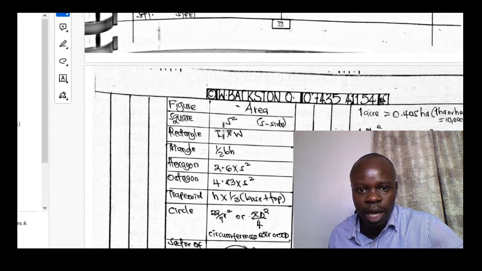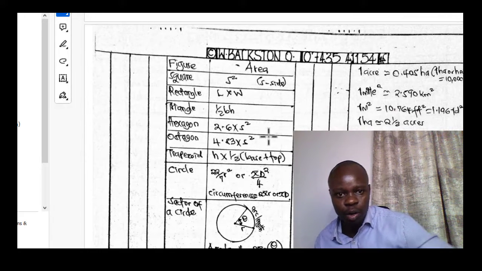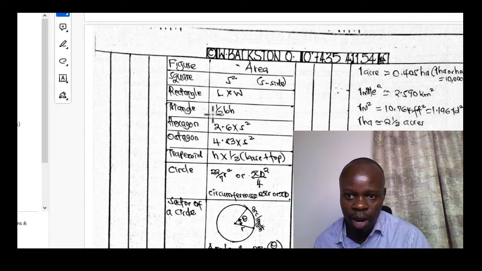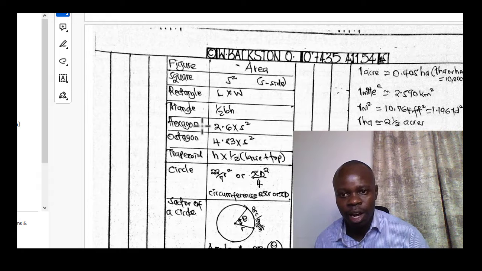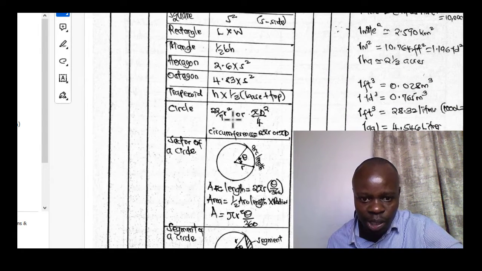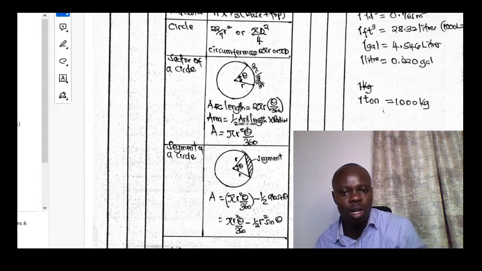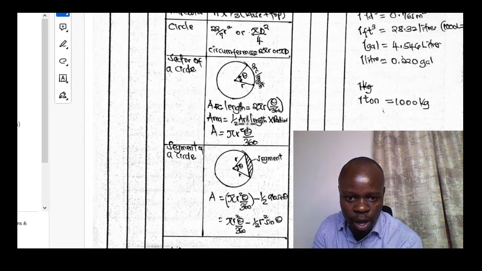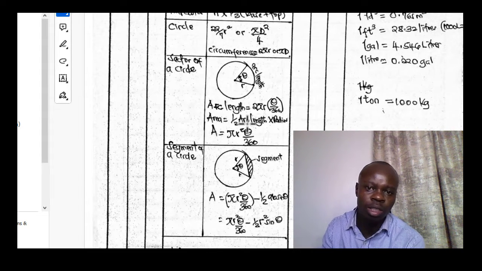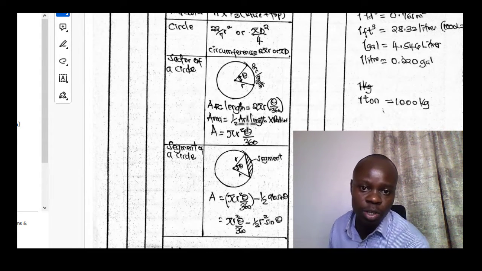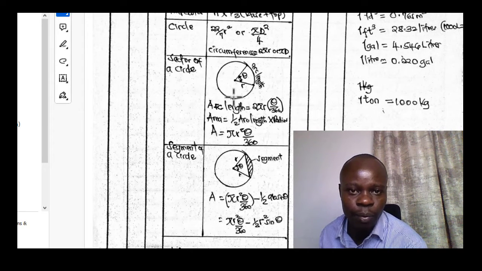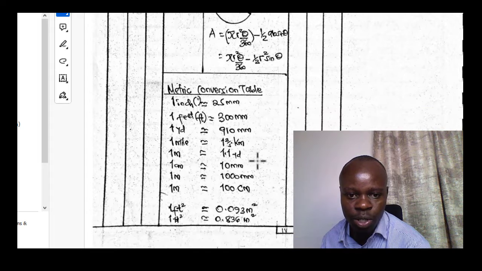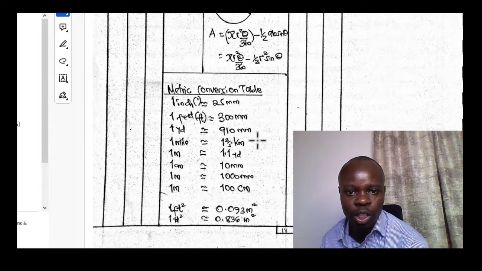So of course these items are quite a number, and they are available in this particular book. Whenever you need them in more detail, you can always get my contact from the description and get your copy of this book that has all these symbols and all the formulae that you'll need.